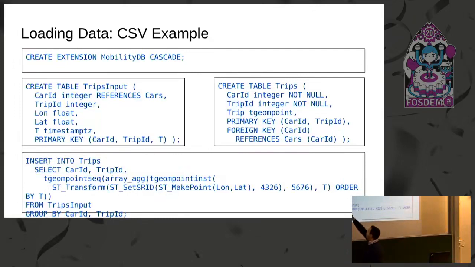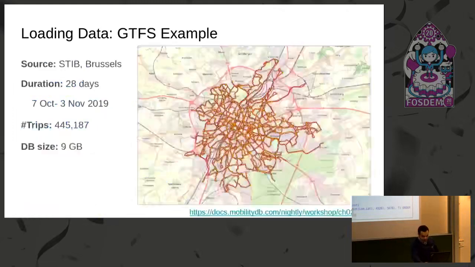In order to load this table and create your trips, you combine every point with its timestamp, do whatever projection you want to put it in the coordinate system required, create an instance of these, and then aggregate all instances that are for the same trip and same car in an array, and then put this array in a temporal geometry point. So now you have this complete trip in a single data item.